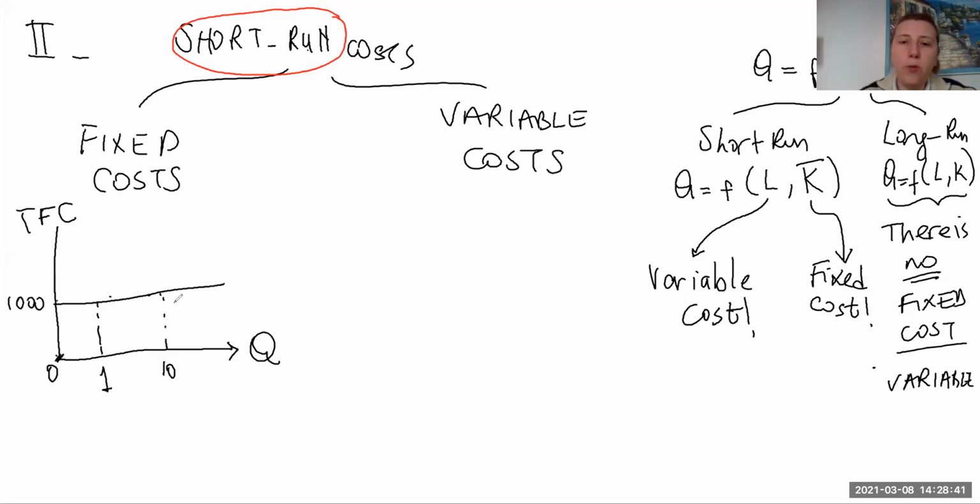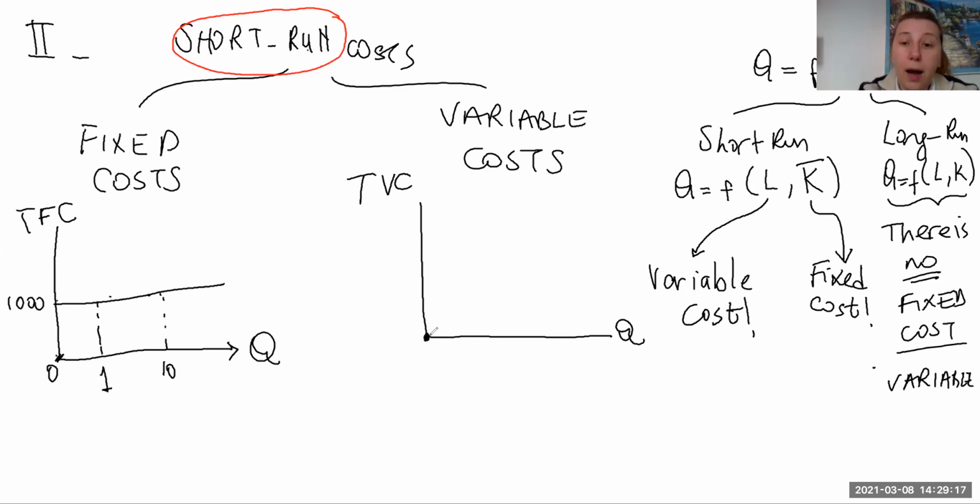And let's come to the variable cost. As you can guess, the variable costs are the costs dependent on the level of output. There is a positive relationship between the level of output and the total variable cost. Firstly, it will start from the origin, which means that if there is no output, no variable input will be used, so there will be no cost for the variable factor.